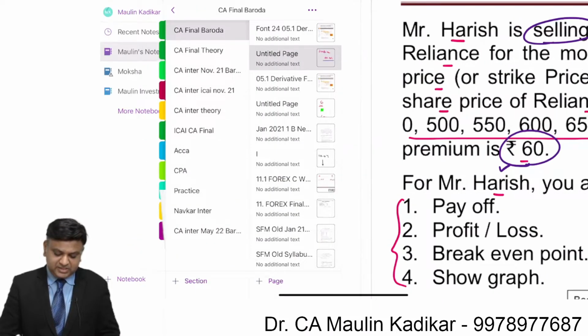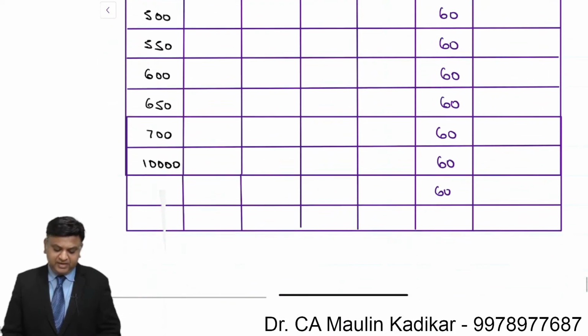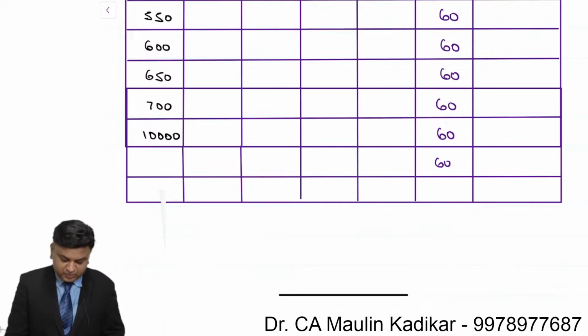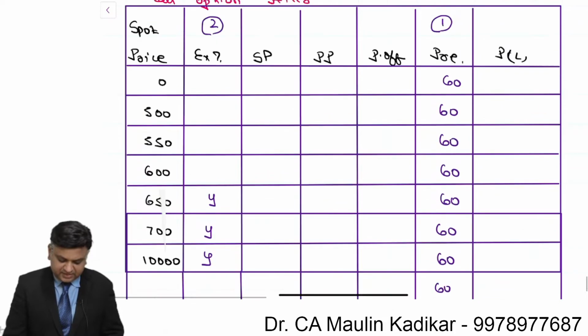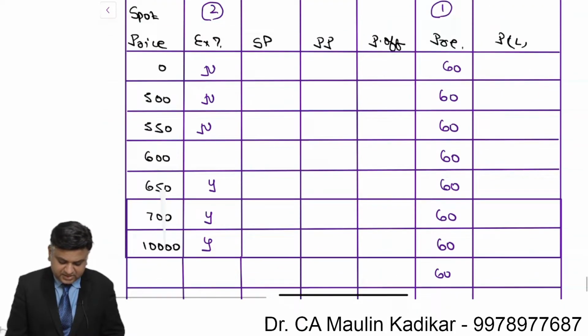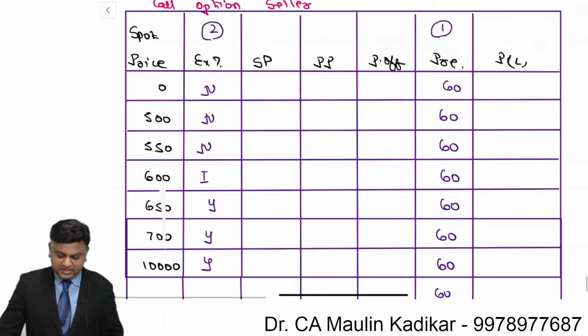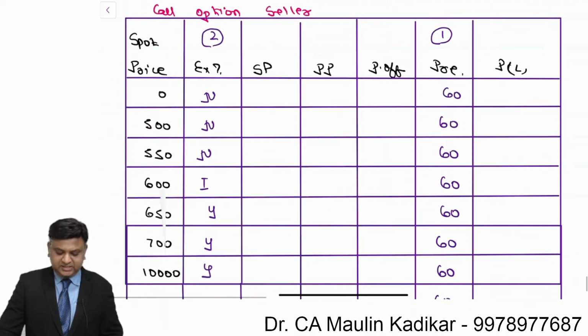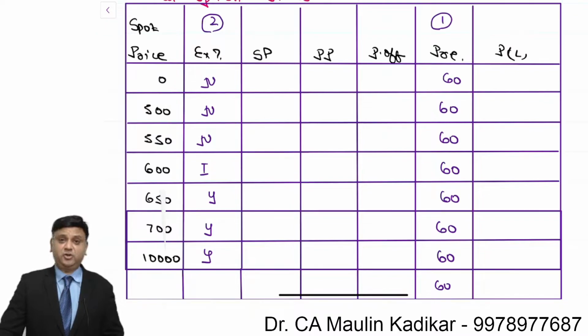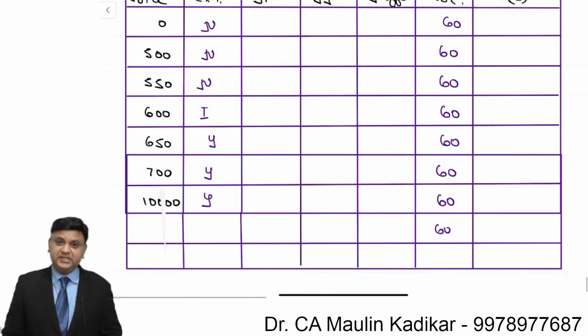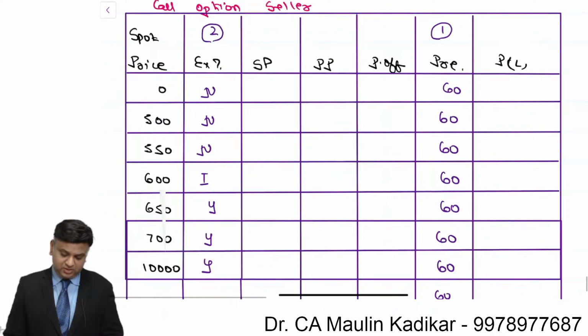So Mr. Rahul in our example will exercise his right when the spot price is exceeding 600. Otherwise he will not exercise his right, and in this case he is indifferent. This is the way we are required to write whether he is going to exercise his right or not.